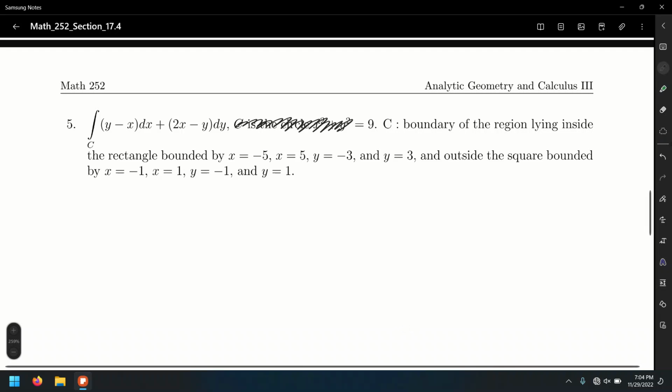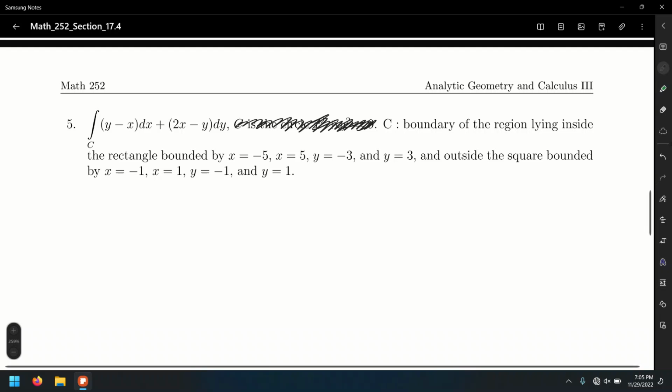This, because when I copy and paste the text, C is the boundary of the region lying inside the rectangle by x going from -5 to 5 and y going from -3 to 3, and outside the square bounded by x going from -1 to 1 and y going from -1 to 1 as well.